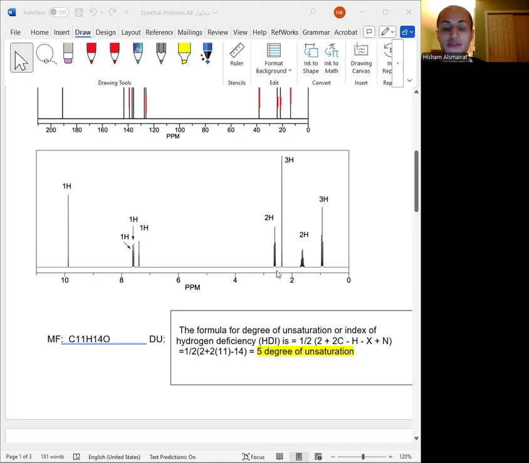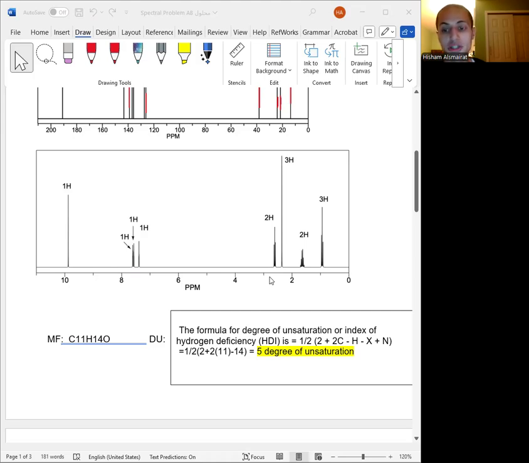Over here, we have the 2.20. Integration is 3, multiplicity is singlet, interpretation is 0 hydrogen, so no adjacent protons. So I assign this one as an aromatic methyl, which is ArCH3. 2.40, which is over here.